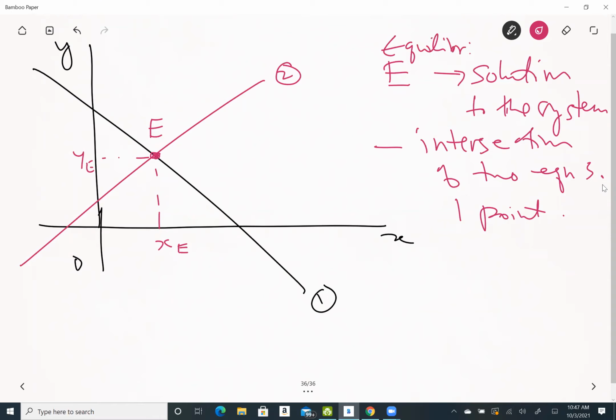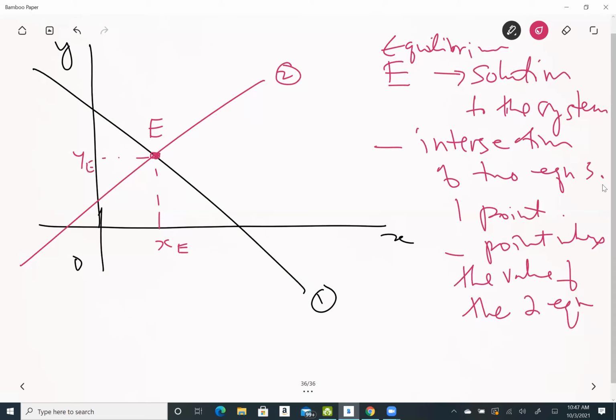Equilibrium means where the 2 lines are equal, the point where the value of the 2 equations is equal. So we call it equilibrium. It's simply the solution. We indicate that by X E, Y E. So that is the intersection.